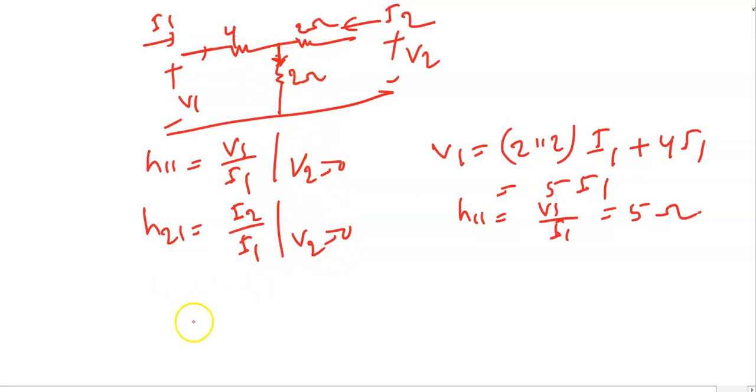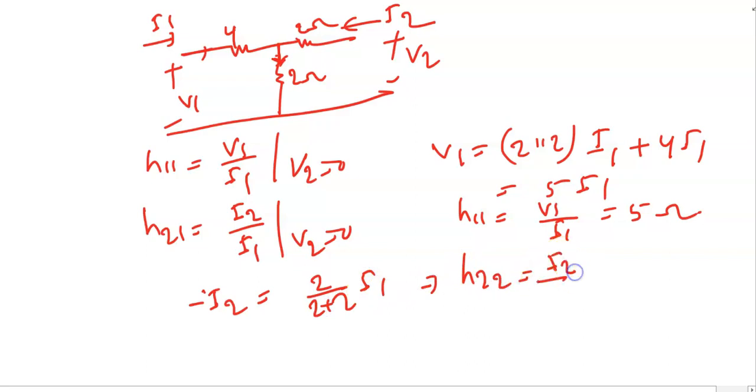Otherwise you can use the general relation: minus I2 is equal to 2 upon 2 plus 2 I1, which implies H21, which is I2 upon I1, is minus 0.5.